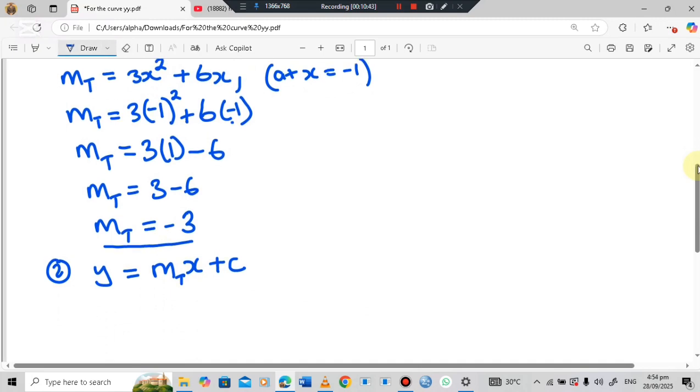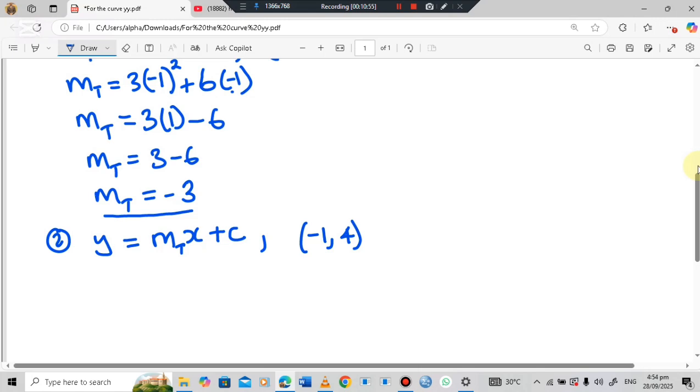Remember, we are still using the point -1, 4. So x here is -1, and y here is 4. So in this equation, where there is y, we put 4, is equal to mt, the gradient of the tangent. We've found that it's -3. So -3 times x, which is -1, so -1, then plus c.